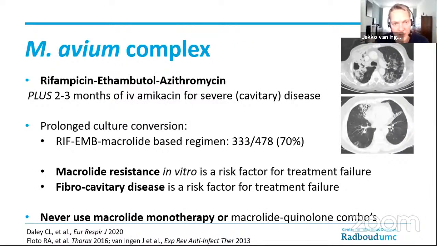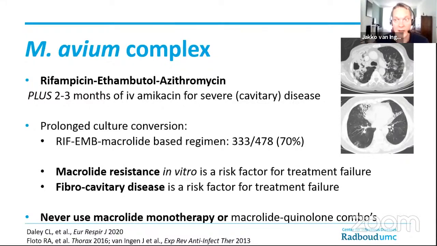So let's dive into that a little deeper and look at, okay, so what impact does that make? What we've seen in meta-analyses is that the classic 3-drug regimen for Mycobacterium avium complex pulmonary disease leads to prolonged culture conversion, so culture conversion and then culture negativity until the end of treatment in some 70% of patients.